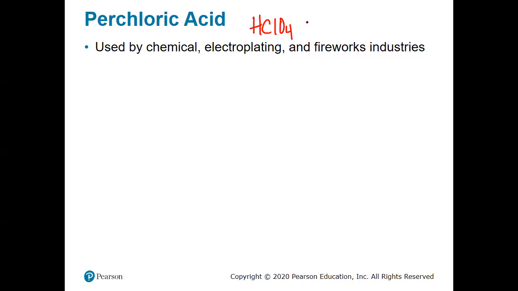We also find it in things like the fireworks industry. It does have oxidizing power. That perchlorate ion is an oxidizing agent, but it does not oxidize with nearly the same ferociousness, I would say, as nitric does. It's not nearly as commonly used as nitric acid.